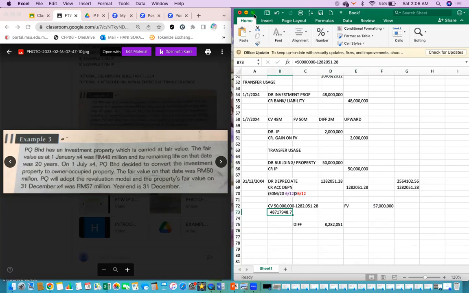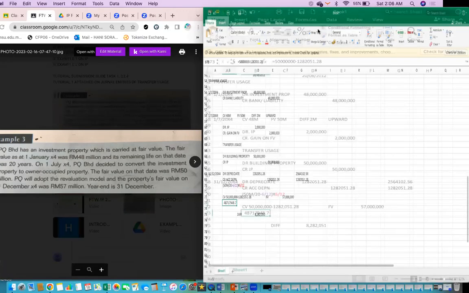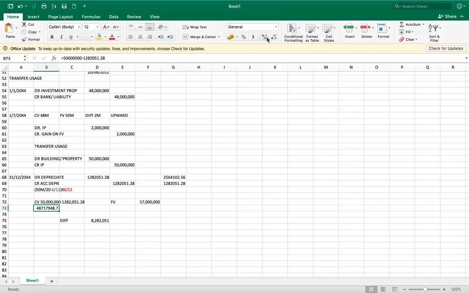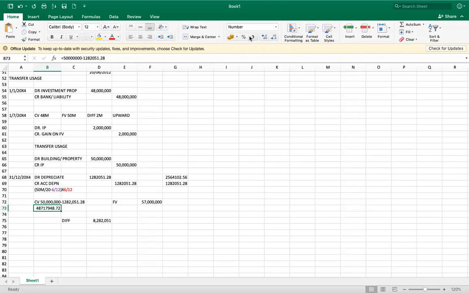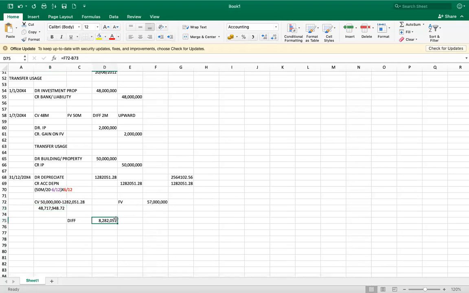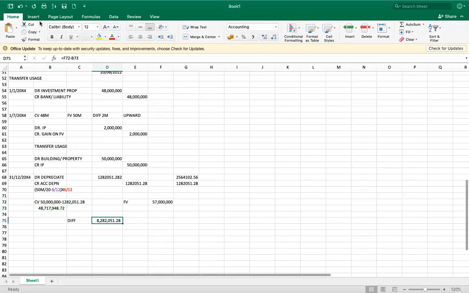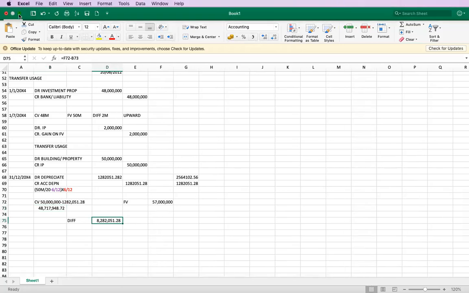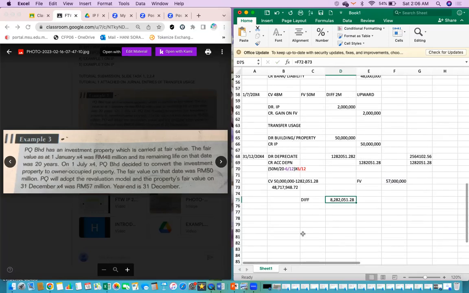We cannot see the decimal here. Okay, this one also has decimals. All right. So how do we record it? To record revaluation, there are basically 3 methods in the standard. This is one of the methods.